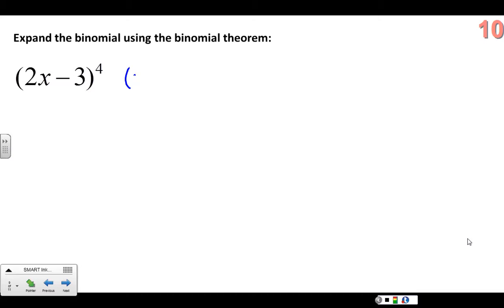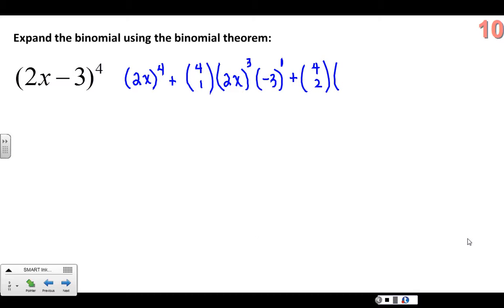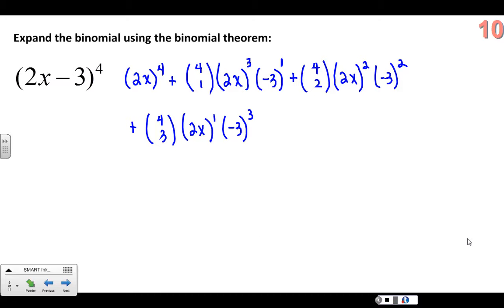So it's your first term, 2x to the fourth, plus 4 choose 1, 2x to the third, and then negative 3 to the first, plus 4 choose 2, 2x squared, negative 3 squared, plus 4 choose 3, 2x to the first, negative 3 to the third, and then the last one is always the negative 3 to the fourth power. So let's work this out and see what we can get.